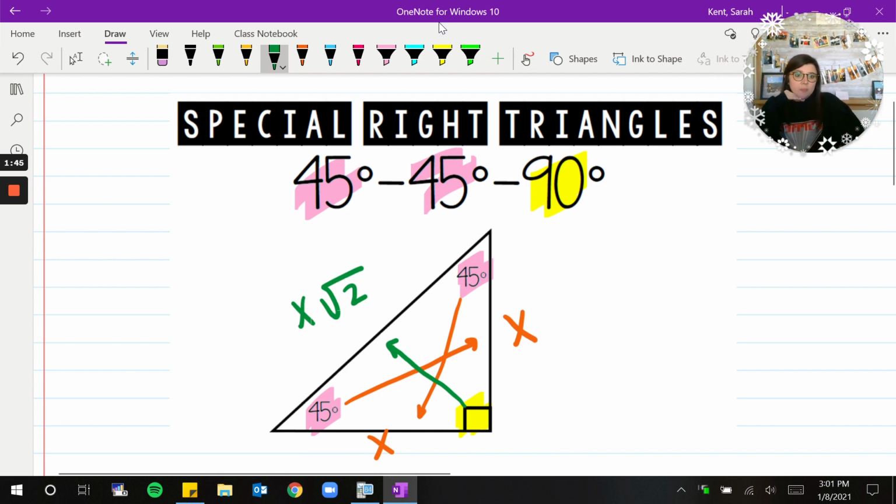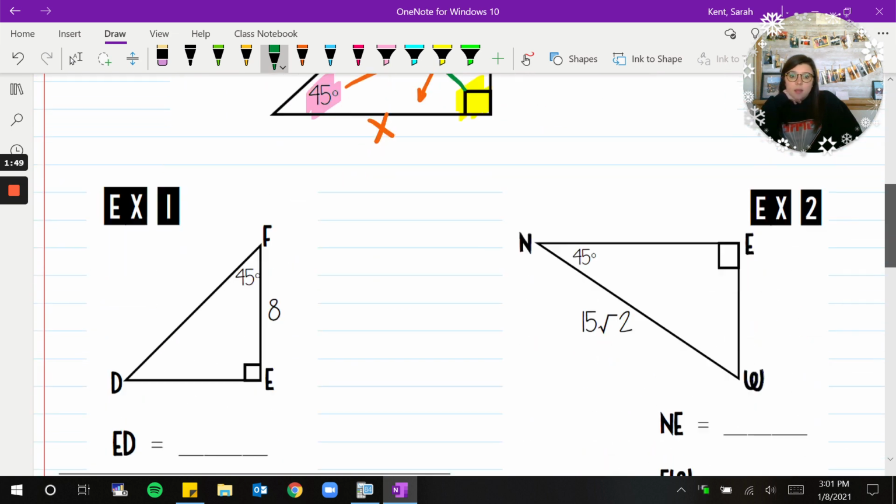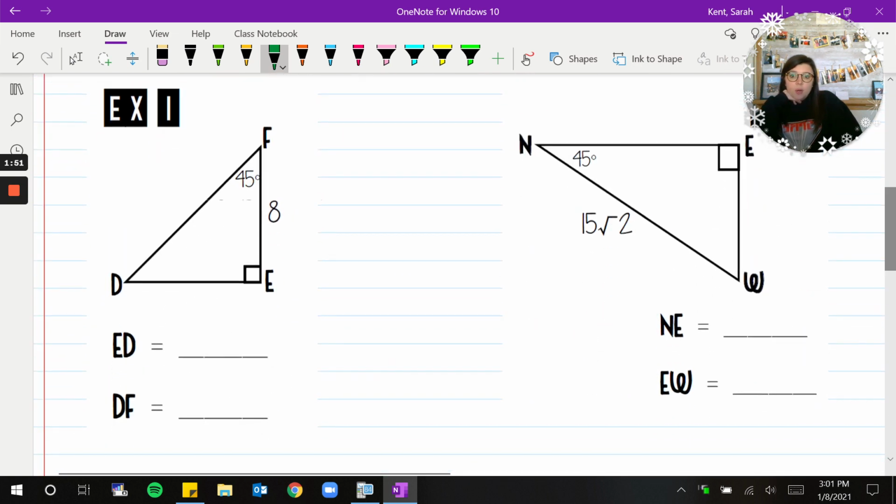So let's look at an example. Let's put some numbers on this. In example number 1, we can see here is our 45-degree angle. That means this will also be 45 degrees. And here is our 90 degree.